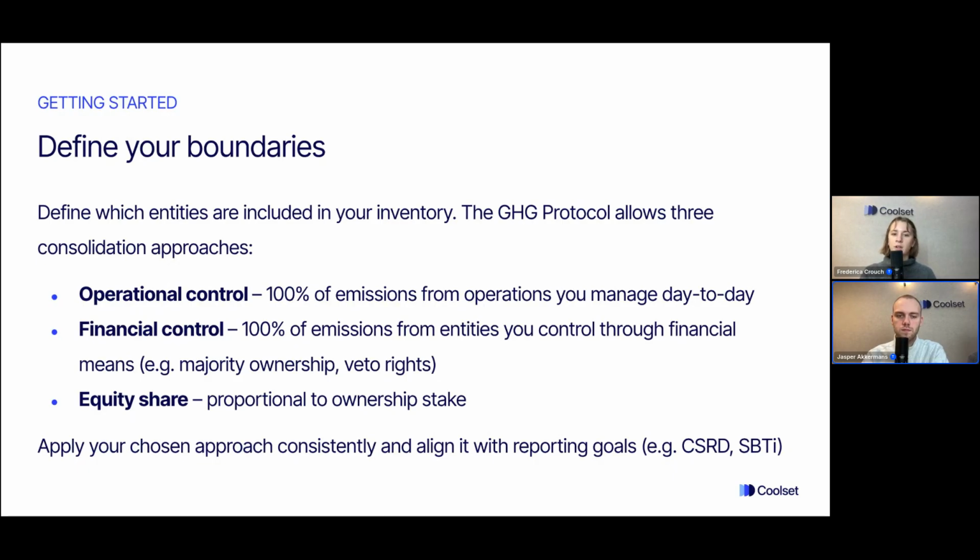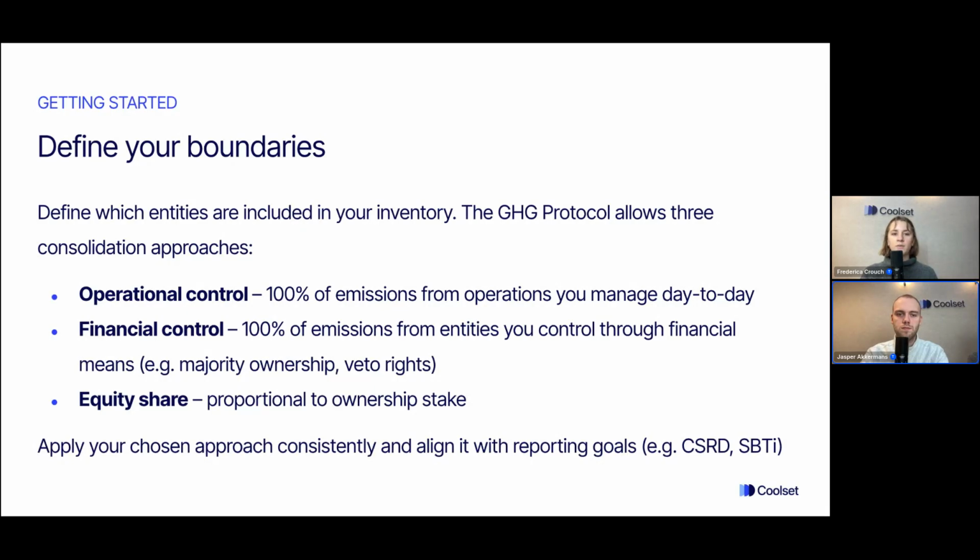Financial control is another consolidation approach, and that's accounting for 100% of emissions from entities you control through financial means, majority ownership or veto rights. So not necessarily managing on the ground day to day, but financially you have control. And finally, the equity share approach. So this is proportional to your ownership stake, so how much you control.